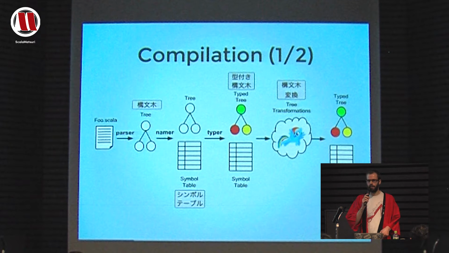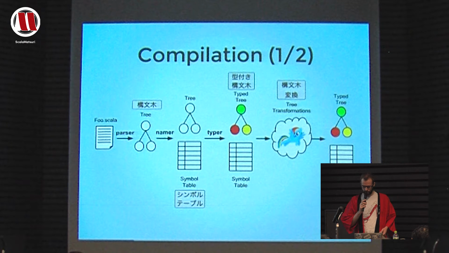There were not actually any changes to the compiler for Scala.js. There's no specific support in the compiler for Scala.js. The way Scala.js works, it's all done with plugins, which we will look at later, and a few Scala macros as well.